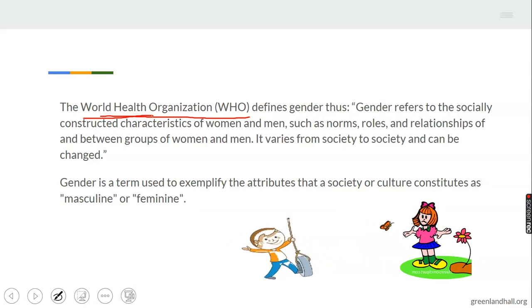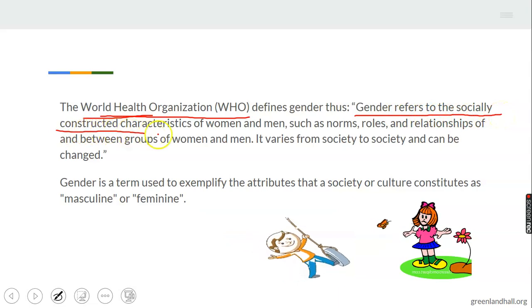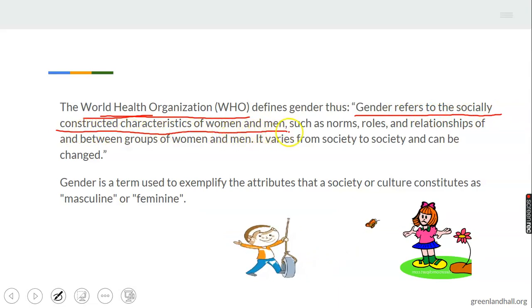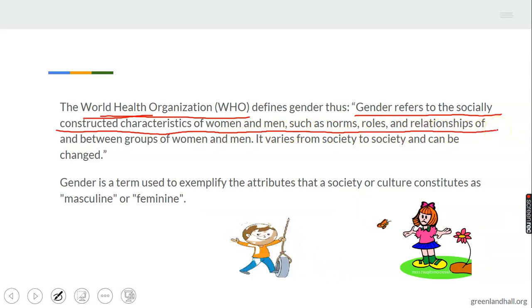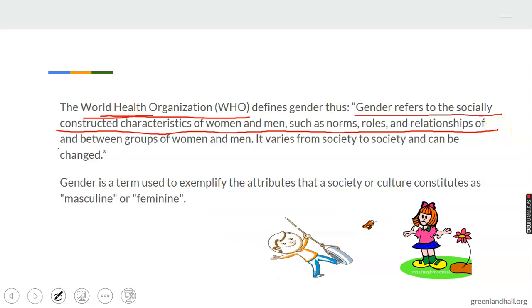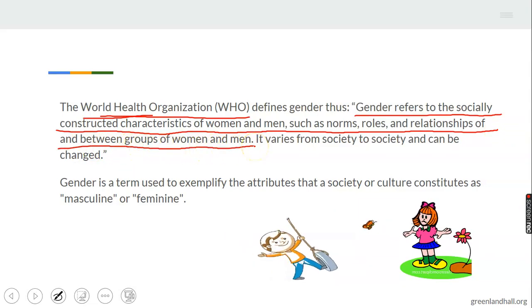Let's see their definition. Gender refers to the socially constructed characteristics of women and men, such as norms, roles, and relationships between groups of women and men.